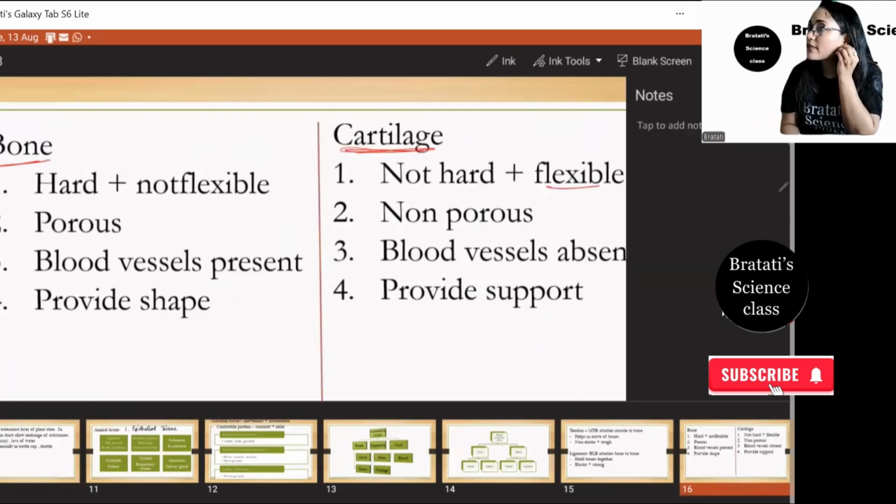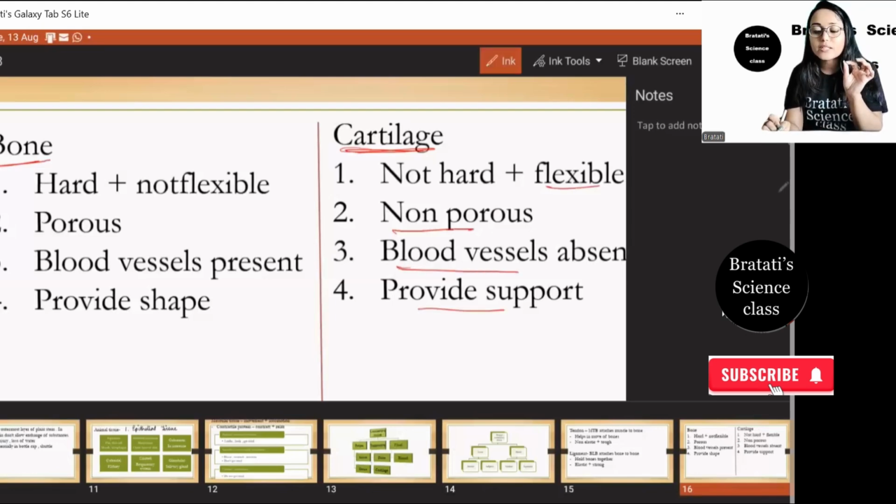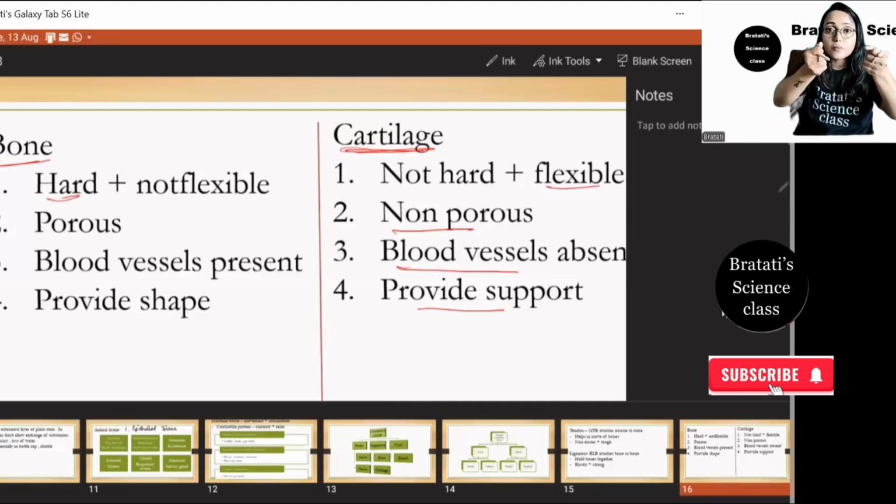These parts are very soft and flexible, and there are no blood vessels, so it is non-porous. It provides support. On the other hand, bones are hard and not flexible. We can't move our bone. It's porous. It has pores in the bones, to let in the oxygen and all.